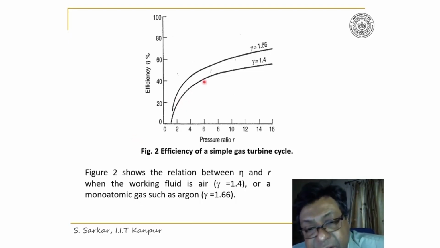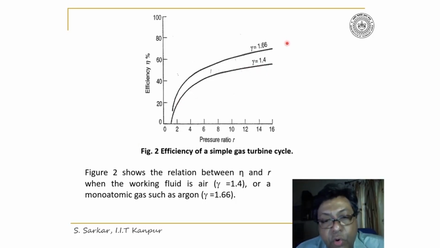So I have expressed here gamma equal to 1.4 and 1.6. 1.6 represents a monoatomic gas such as argon. So look, as gamma increases, efficiency increases further. You can appreciate from the earlier expression also that the efficiency of a simple gas turbine cycle depends on pressure ratio, and as pressure ratio increases, the efficiency increases.